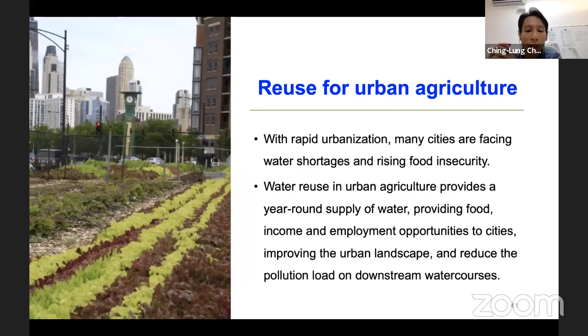And then water reuse in urban agriculture provides a year-round supply of water and provides food, income, and employment opportunities to the city, improves urban landscaping, and reduces the pollution load on downstream water sources.